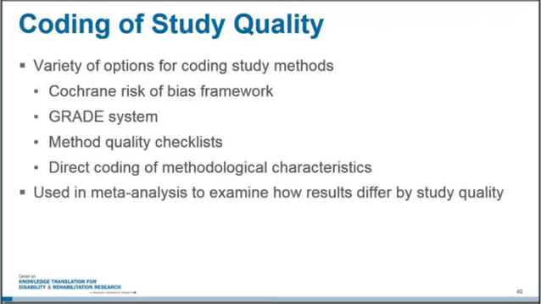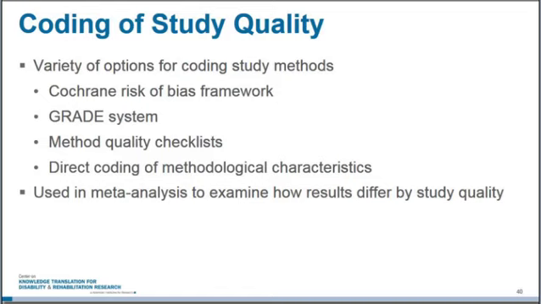An important thing to think about is the coding of study quality. There are a myriad of ways to code study methods, the quality of the study methods used. So, for example, there's the Cochrane risk of bias framework, the GRADE system. There are many, many method quality checklists, direct coding of methodological characteristics.